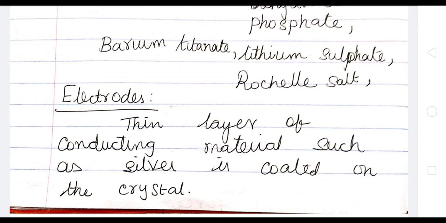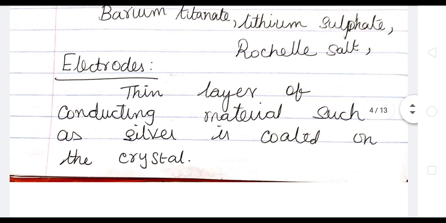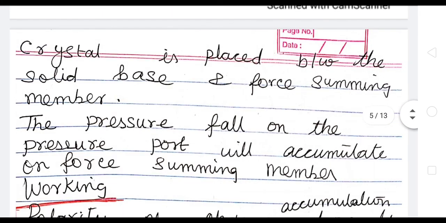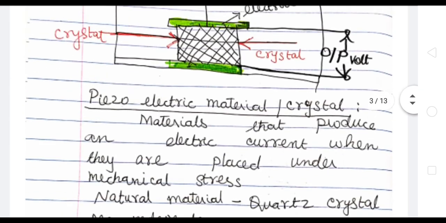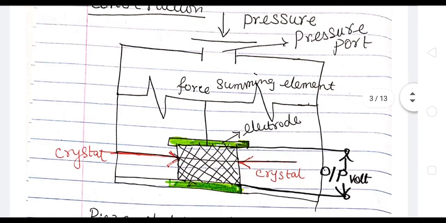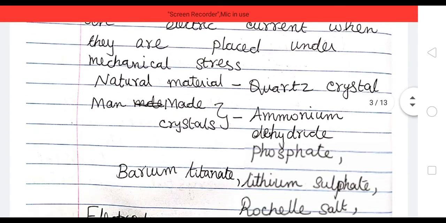That is, a thin layer of conducting material such as silver is coated on the crystal which serves as an electrode. The crystal is placed in between a solid base and a force summing member. The pressure falling on the pressure port will accumulate in the force summing element and it is applied to your crystal directly.